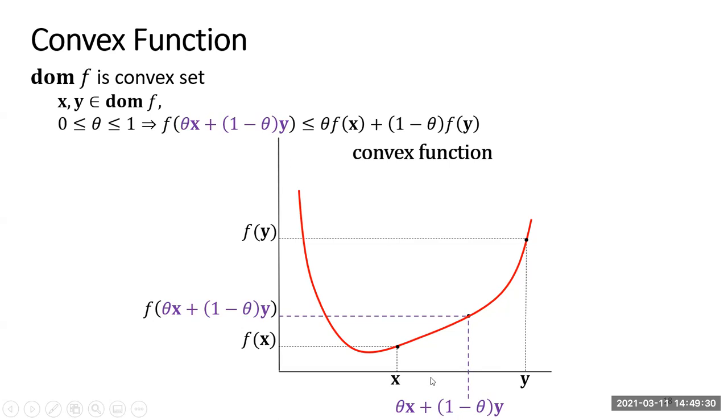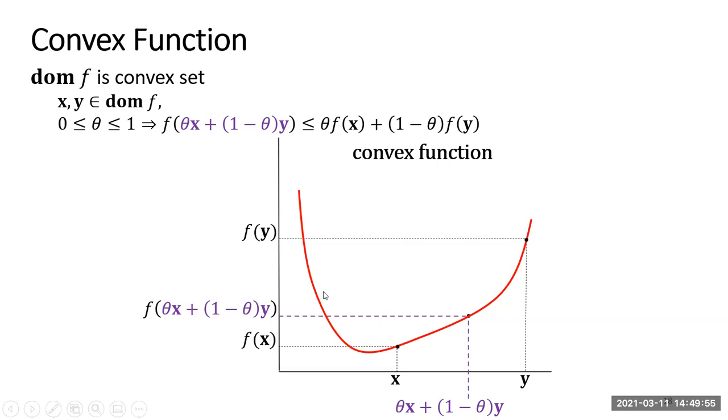The ratio of this segment to this segment is 1 minus theta is to theta. That's why this point is theta x plus 1 minus theta y.